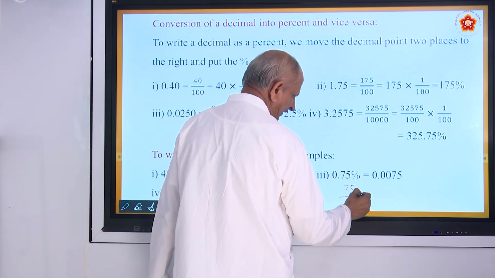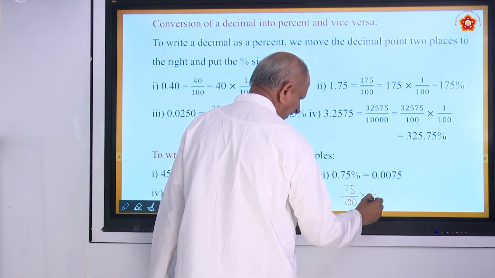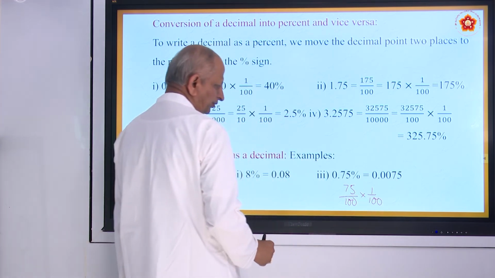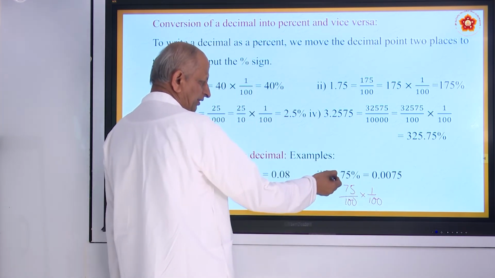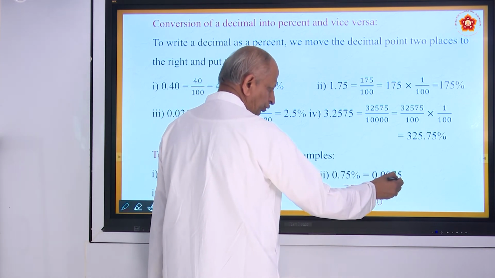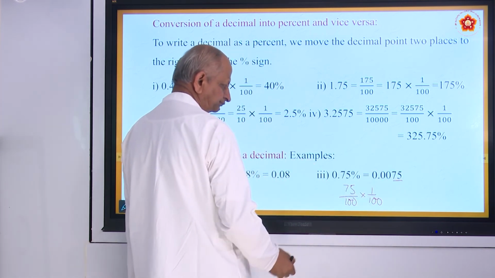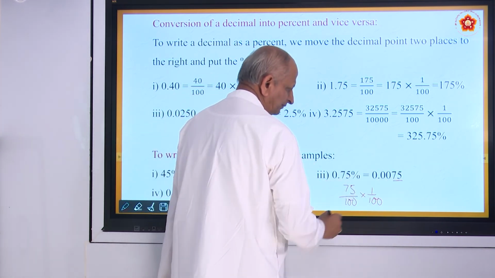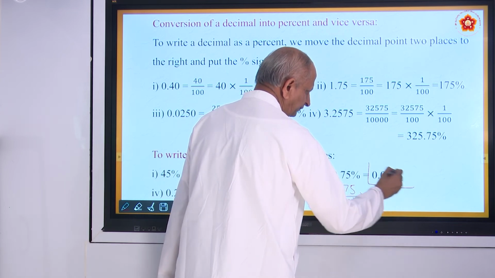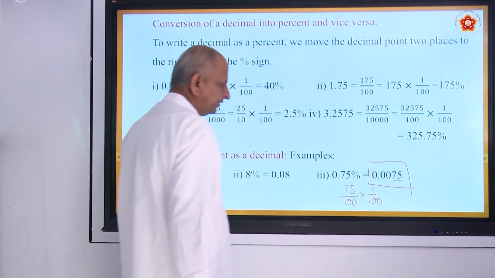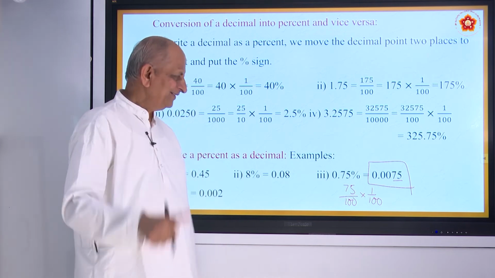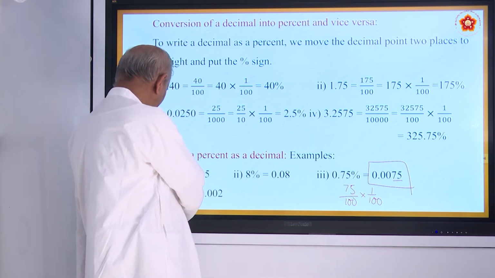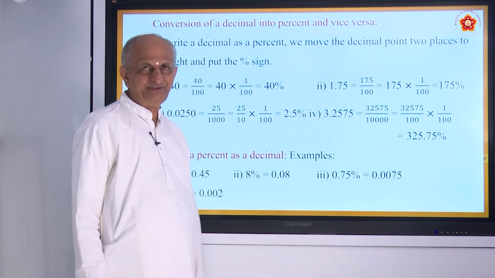To find the decimal, you have to divide by 100 again. So, there are 4 decimal places. You are given 2 decimal places, so 2 more you have to add. Then it becomes 0.0075. Following?